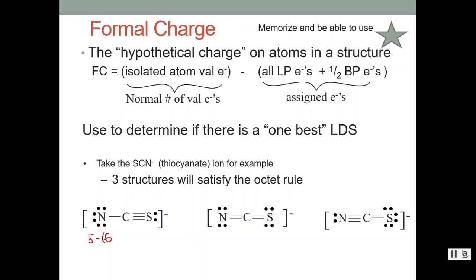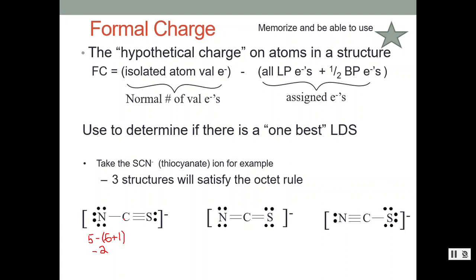So I'm going to have a 6 for that part, and then I'm going to add that to 1/2 of the bonded pair of electrons. When I look at nitrogen, I see there's just a single bond. A single bond is 2 electrons, and half of 2 is 1. So I'm going to add 1 to that. So the formal charge on my nitrogen atom is going to be -2.